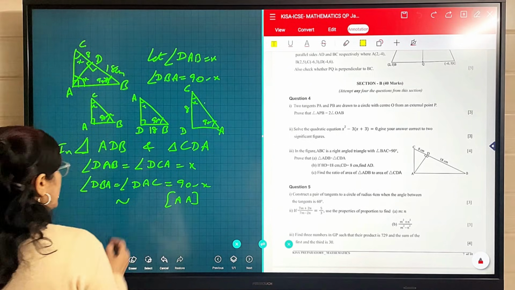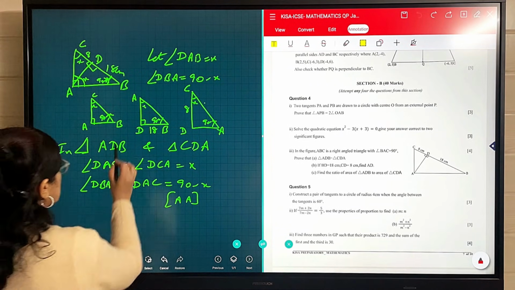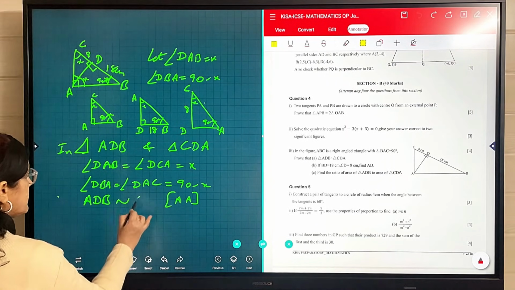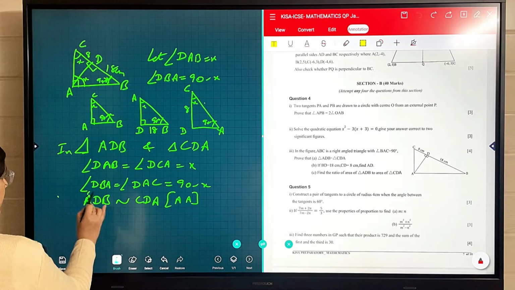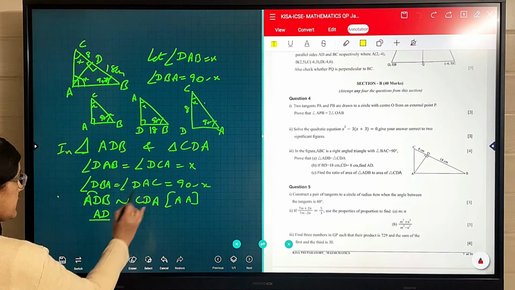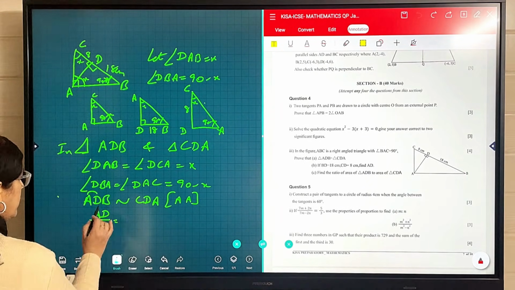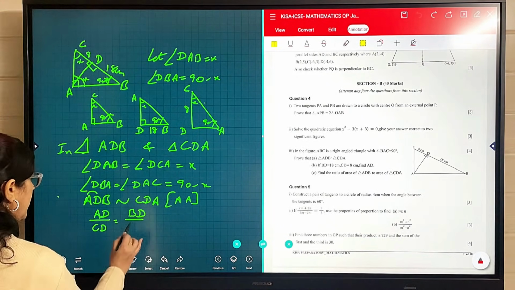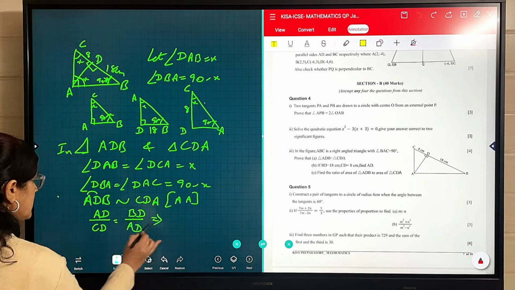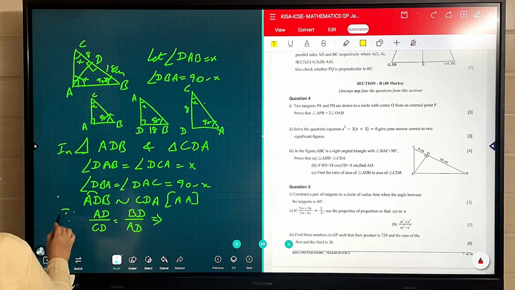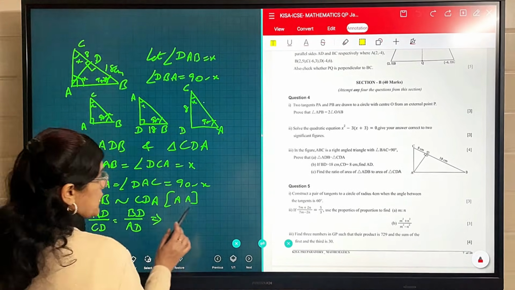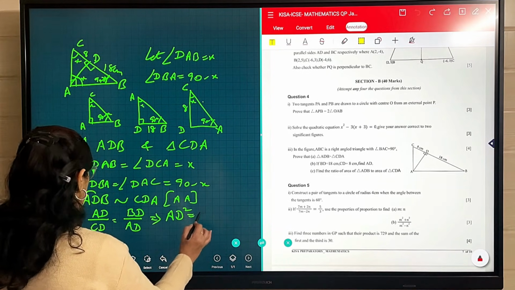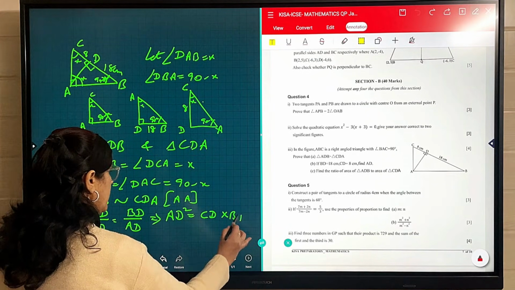Now we know the proportional sides. From the triangles which we have taken, ADB and CDA, the corresponding side AD over CD is equal to BD over AD. We have to give the reason here also: corresponding sides are proportional if triangles are similar. So AD square is equal to CD into BD.